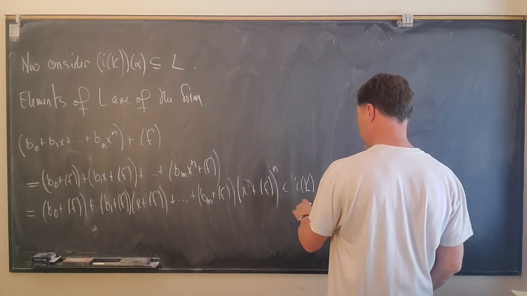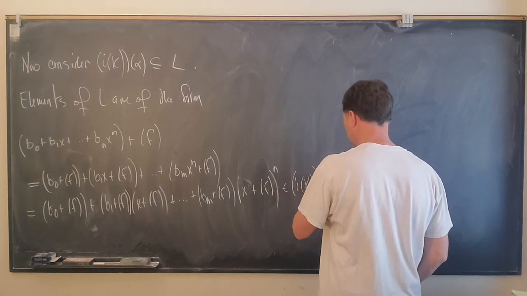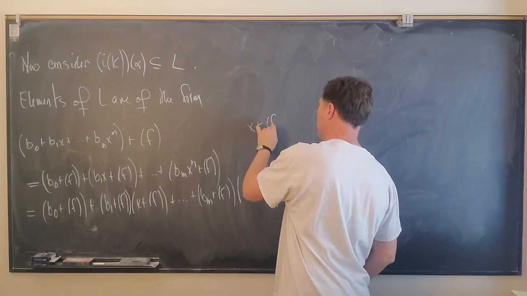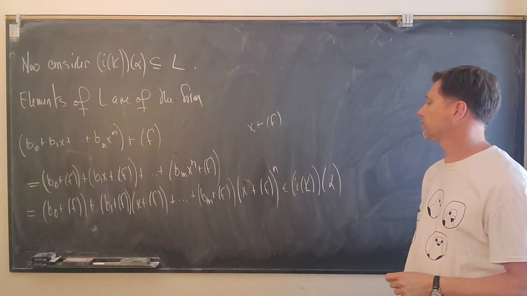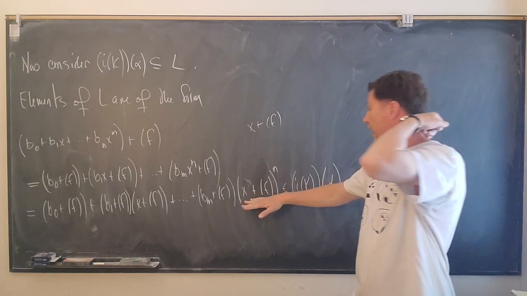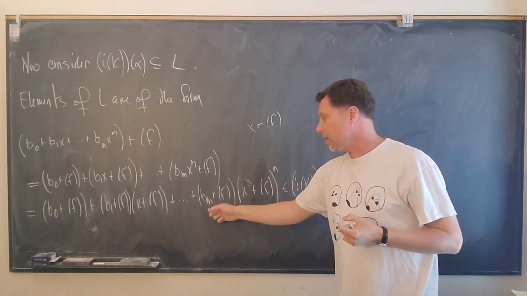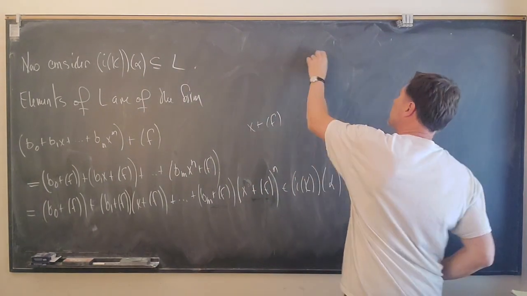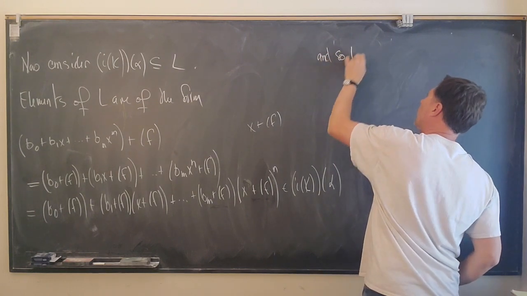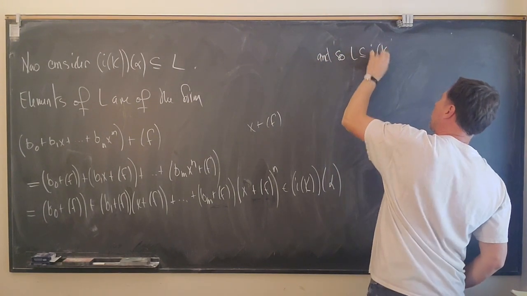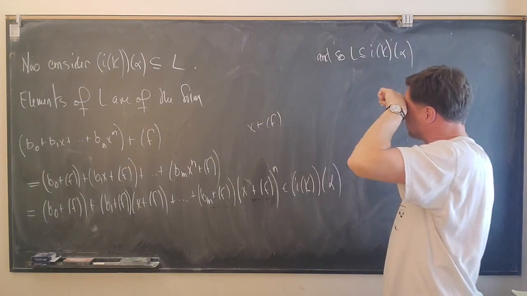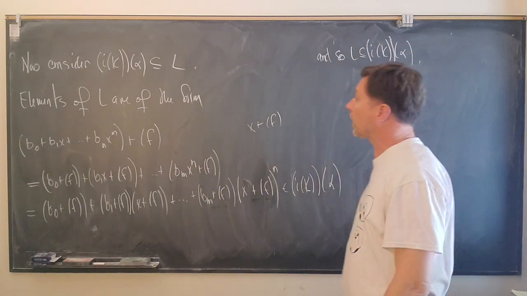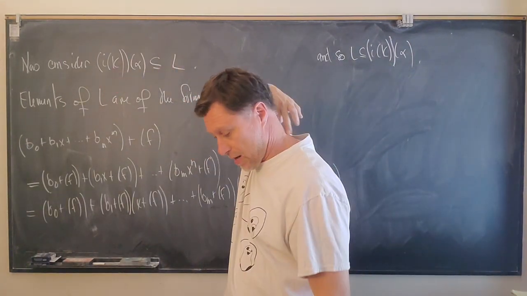It lives in k adjoin alpha, right? Alpha is x plus the ideal generated by F. So this is just a power of alpha. This lives in k adjoin alpha, and so on down the line. And so what did we just show? We just showed that L is a subset. L is contained in k adjoin alpha. Okay, so now we know that L is equal to this right here.